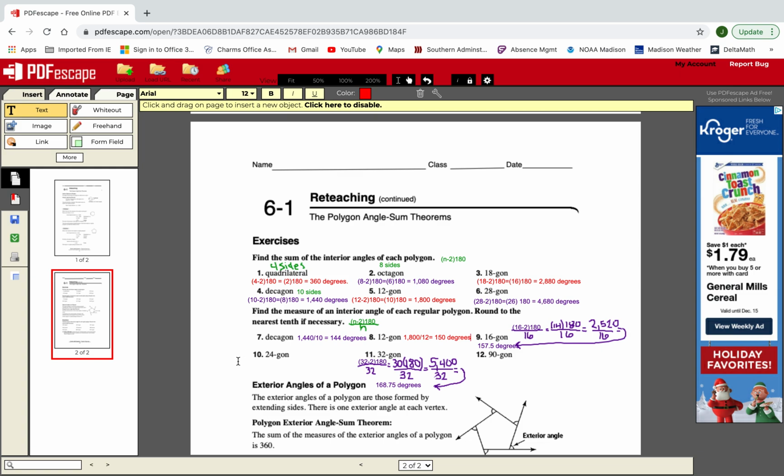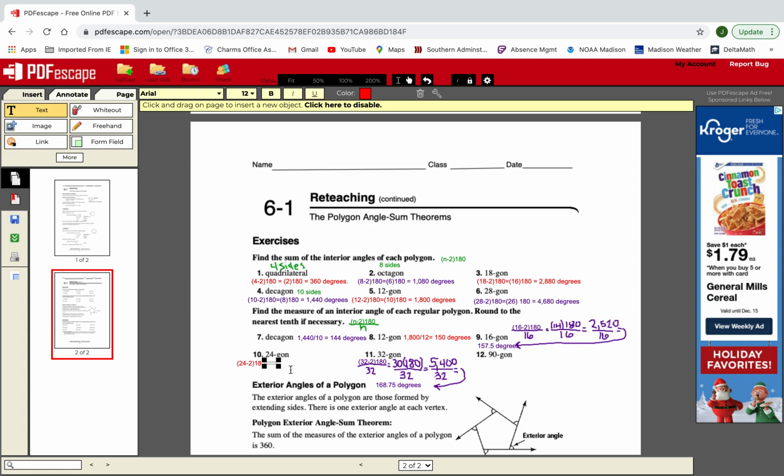All right, so I'm going to set up, and I think I'm going to type out a little bit more of this. On number 10 for a 24gon, I've got 24 minus 2 times 180, and that's going to give me the sum of the interior angles. I am now wondering if I can underline this and then just go somewhere else with it. I don't know what it's doing.